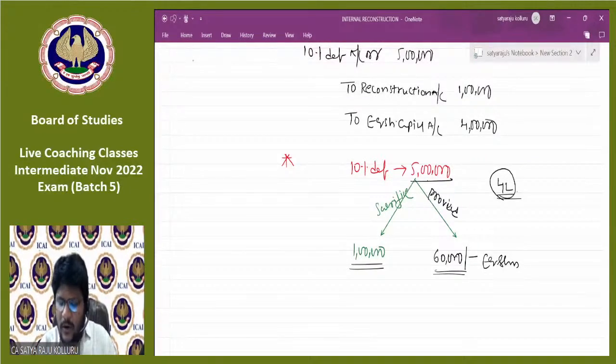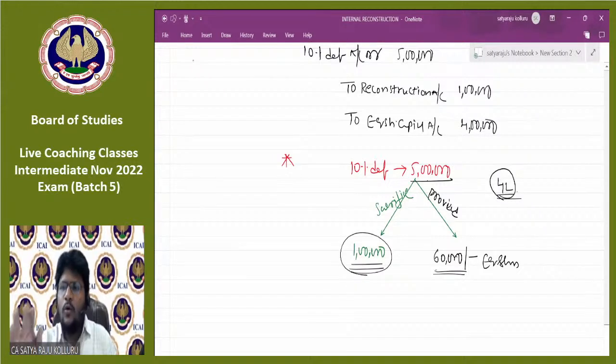The debenture holders are telling, okay sir, no need to pay this 1 lakh to us, but again they are telling, you need to pay this 60,000. It is like saying, sir, I am ready to forego 1 lakh, provided you pay 60,000. Then you can call it the gross sacrifice, and the amount paid by the company is 60,000.